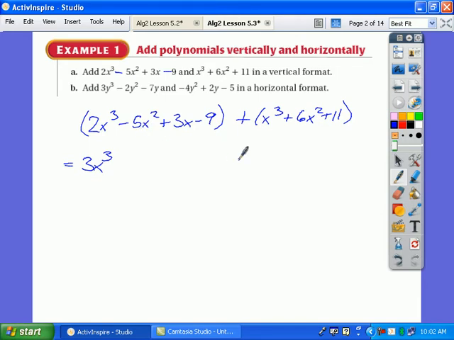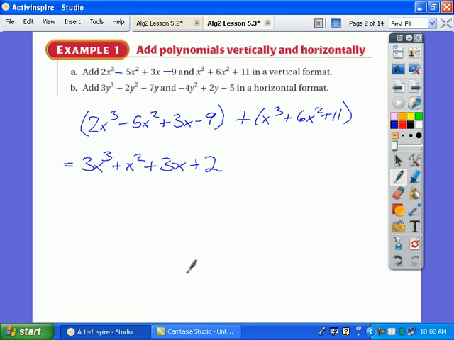Minus 5x squared plus 6x squared, just plus x squared, plus 3x. There's nothing to add with it, right? There's no other x term over there, so just plus 3x. If you want to think of it, it's 3x plus 0x. And now I have plus 11 minus 9, so plus 2.